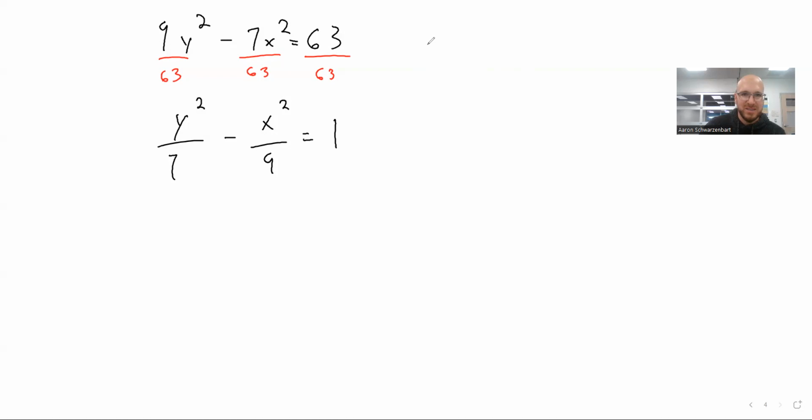So I know that this is a vertical one. I'm just going to graph it right away because I think that's going to help me with analyzing it. I'm going up and down 3. No, I'm going up and down square root of 7. Square root of 7 is more than 2, less than 3. It's more than 2.5, somewhere in here.